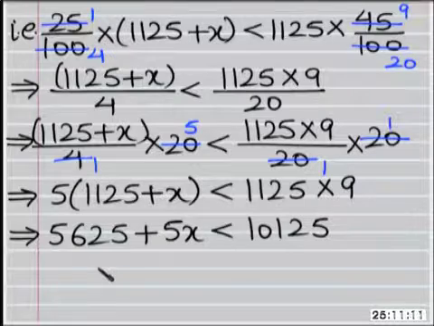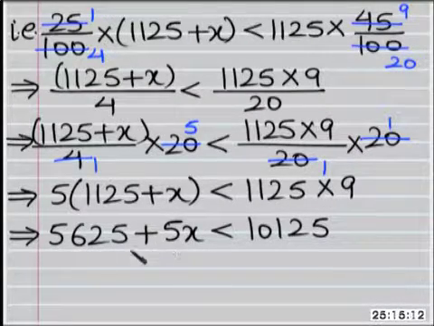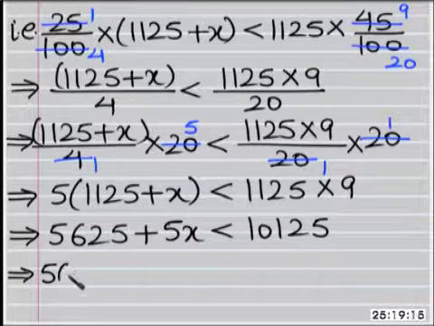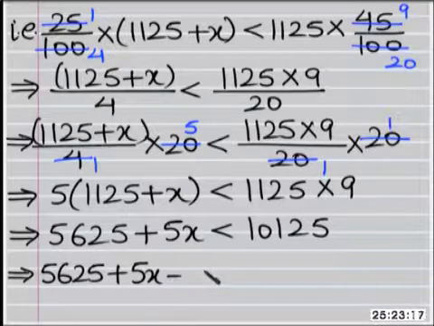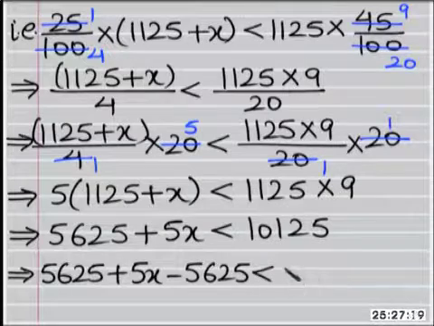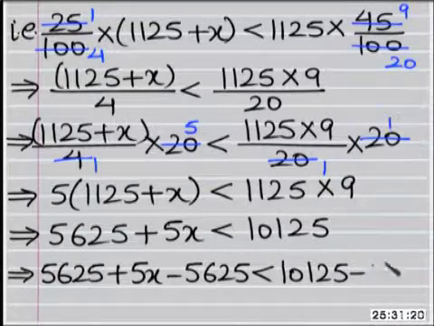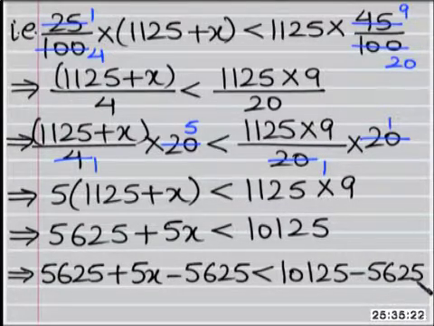Now, on subtracting 5625 from each side, we get 5625 plus 5 into x minus 5625 is less than 10,125 minus 5625.